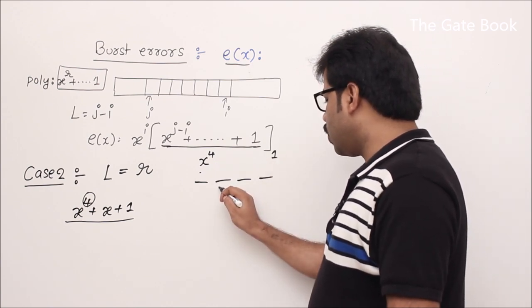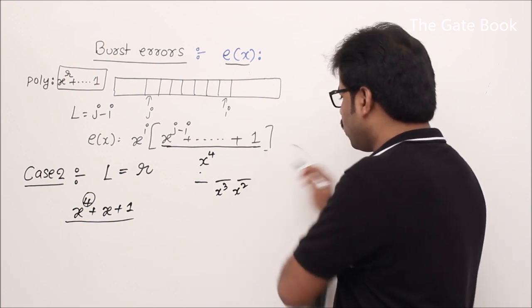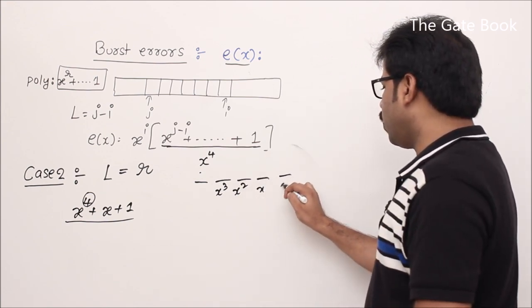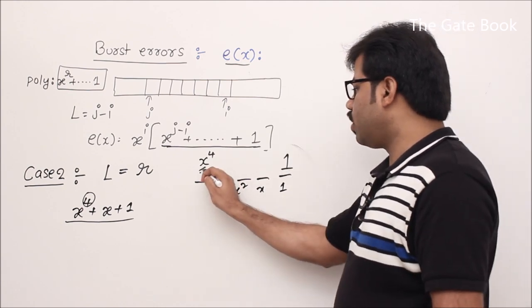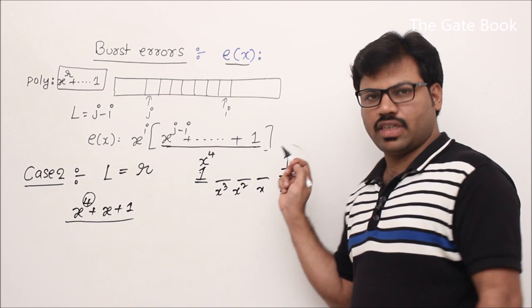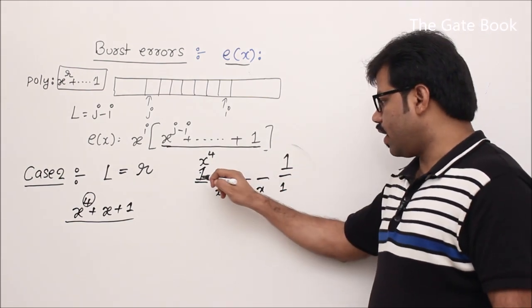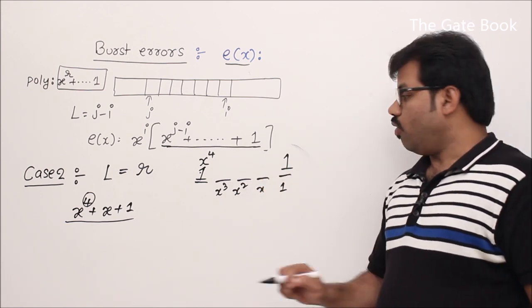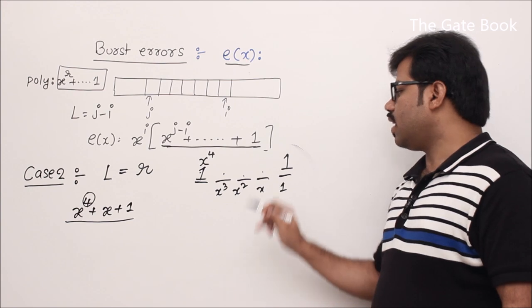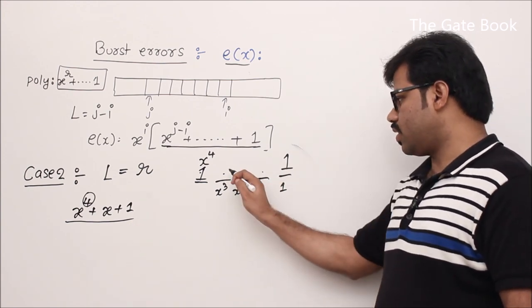Now this is for x cube, this is for x square, this is for x, this is for 1. So the 1 bit and the x power 4 bit should be present, then only that is a burst error of this length. Next, this is optional, so you can write 0 or 1, 0 or 1, 0 or 1. But question number 1: what pattern, if I write, will be divisible by x4 plus x plus 1? I will write and you try to guess it.